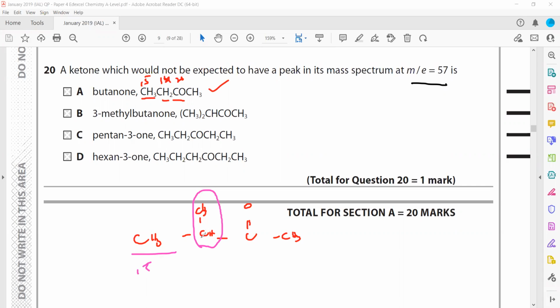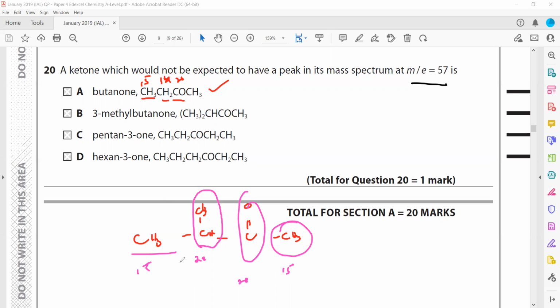So 12, 24, plus 4 is 28. So we'll get a peak at 43, and 28 plus 28, so 56 will be there, and 56 plus 15, so it will be 71.